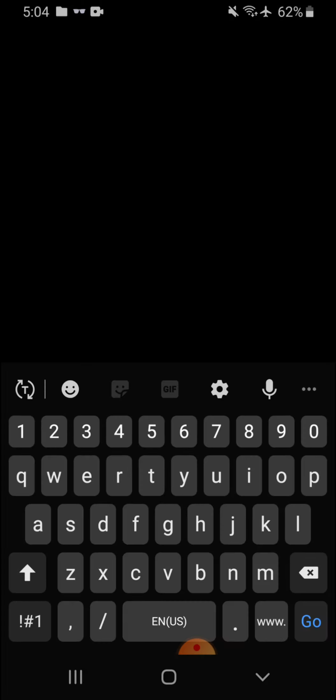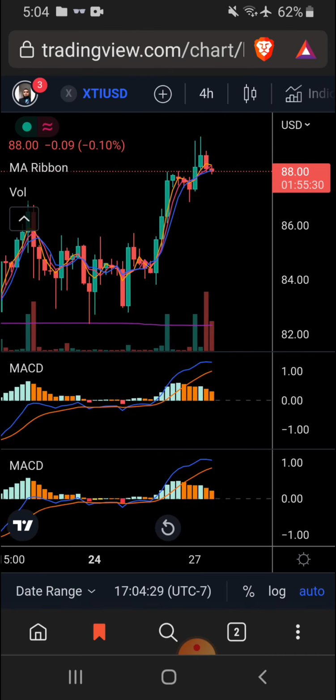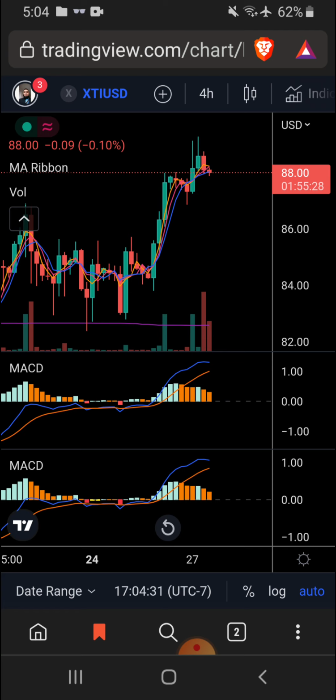What time is it in Saudi Arabia? Actually, Dubai, I guess. Is that where the market is? So 4:04 a.m. Dubai is waking up at this time.